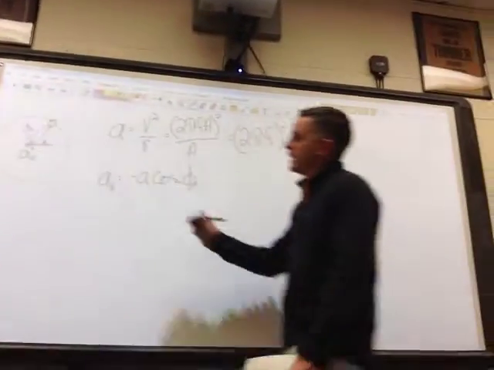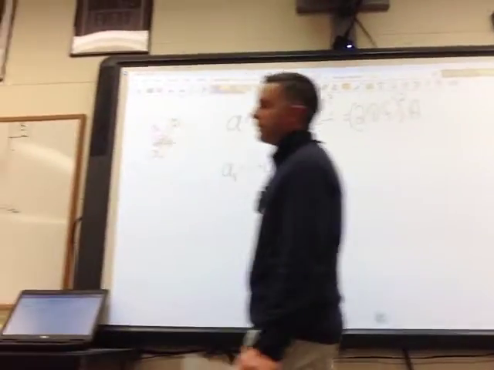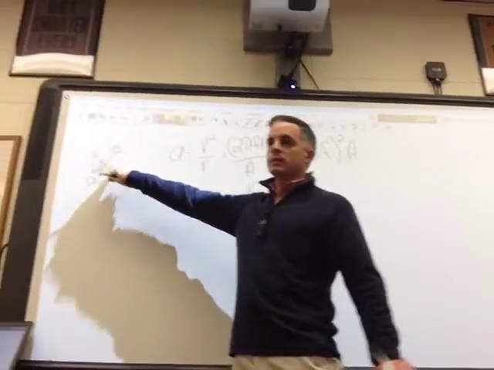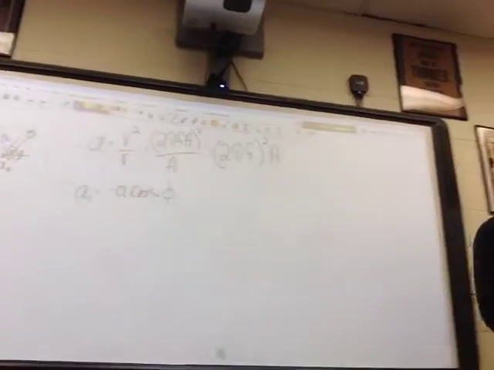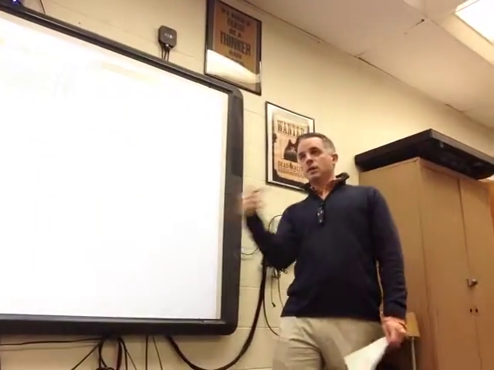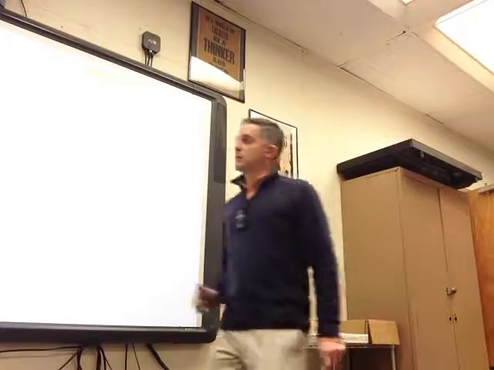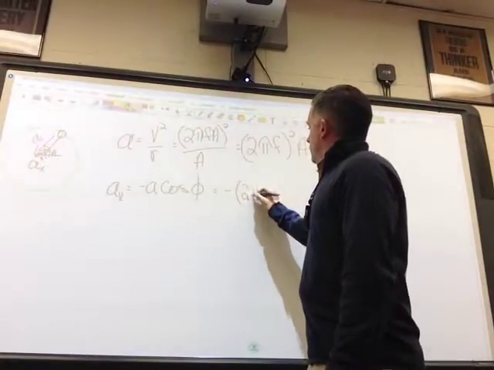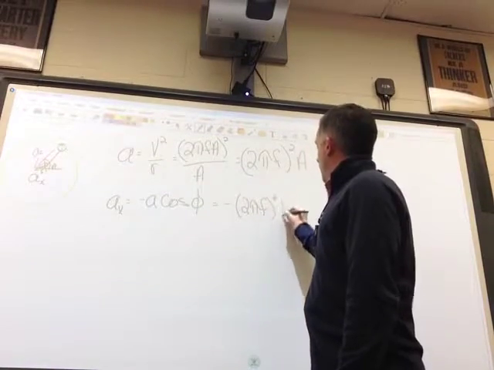Again, it's negative because here's your phi right there, and that's your adjacent side. So that's where we get the cosine from. We call it negative because it's going in the negative x direction.